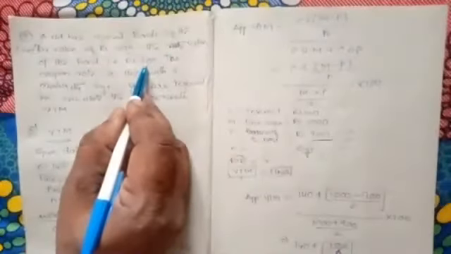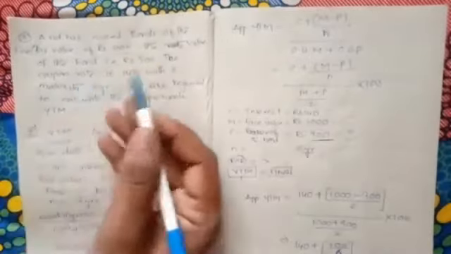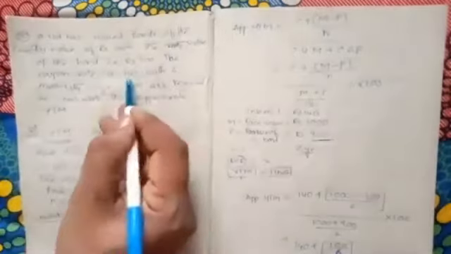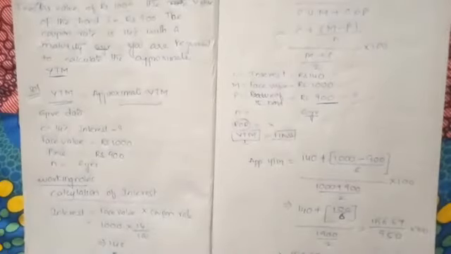The coupon rate means the interest we are going to get every year, that is 14%, with a maturity period of 6 years. Now he asked us to calculate the approximate YTM, which means what is the yield you have generated till the maturity period, what is the return you have generated till the maturity period.